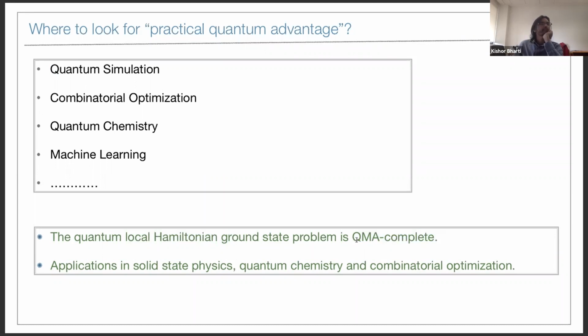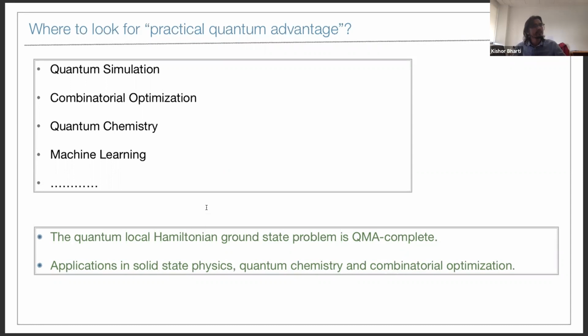So you can use them in a race with classical devices and see whether they offer advantage. Moreover, this problem has applications in solid state physics, quantum chemistry, and combinatorial optimization. For example, combinatorial optimization problems can be mapped to a diagonal Hamiltonian with only polynomially many terms, and then you use the local Hamiltonian ground state problem to solve it.